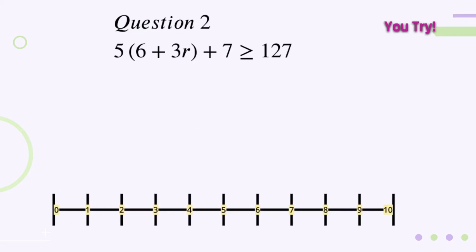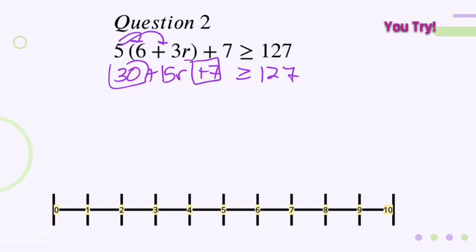This next example, we need to distribute the 5 to everything inside the parentheses. So I get 30 plus 15r plus 7 is greater than or equal to 127. Combine my like terms here, and I'm left with 37 plus 15r is greater than or equal to 127. So then I'm going to subtract 37 from both sides.